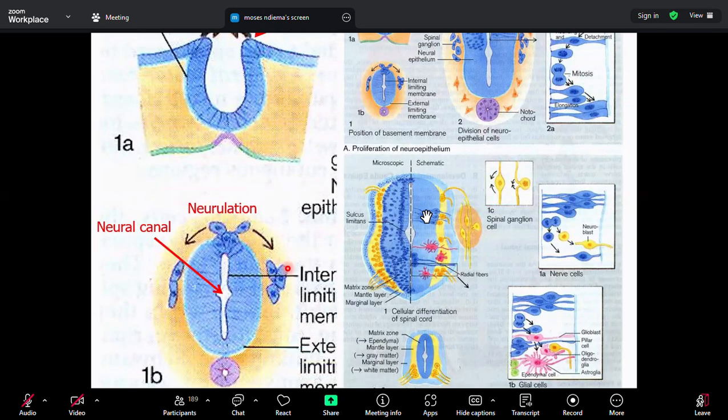We have our tube, with an inner limiting membrane, an outer limiting membrane, and a neuroepithelium. So what happens?